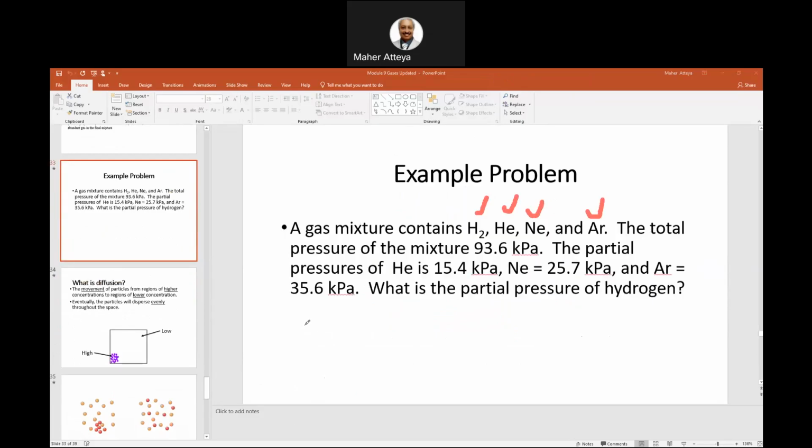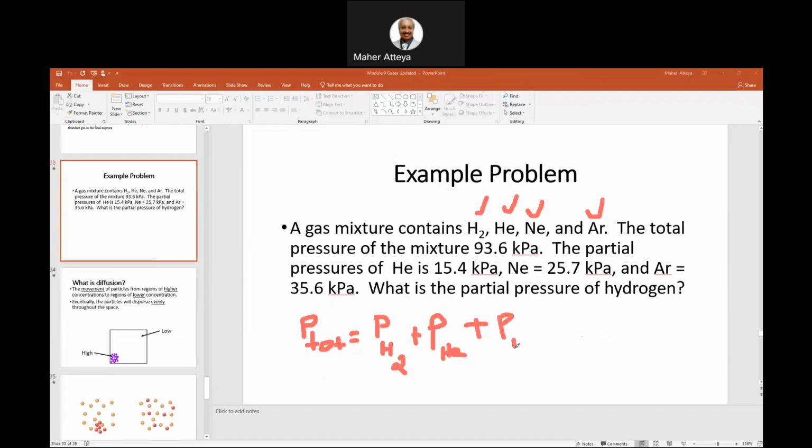The total pressure, P total, is equal to the partial pressure of hydrogen plus the partial pressure of helium plus the partial pressure of neon.